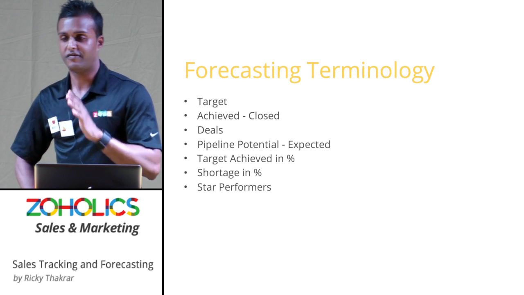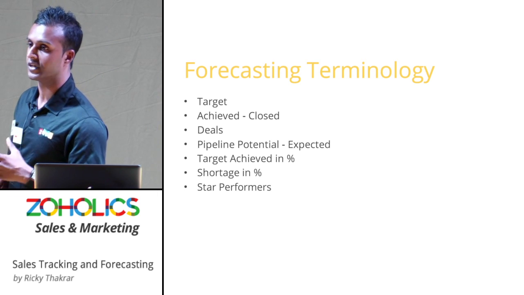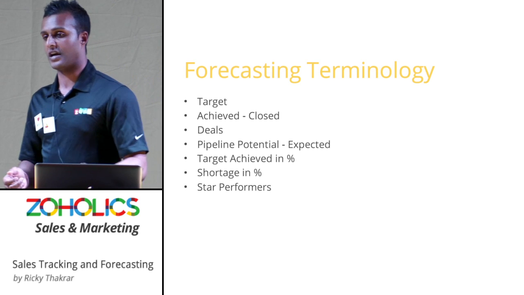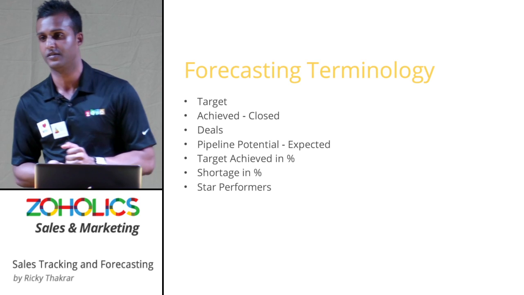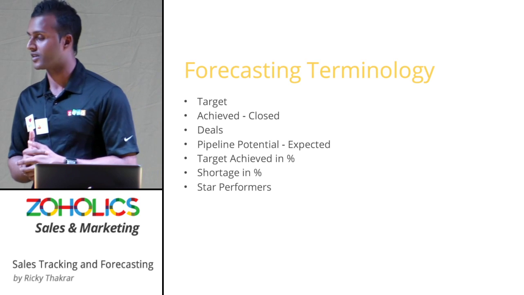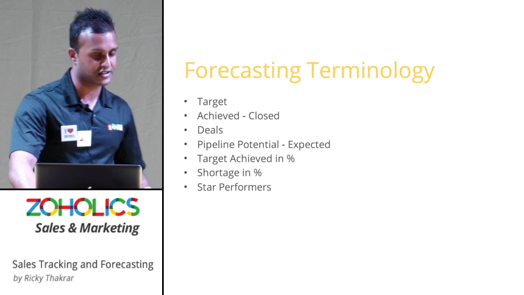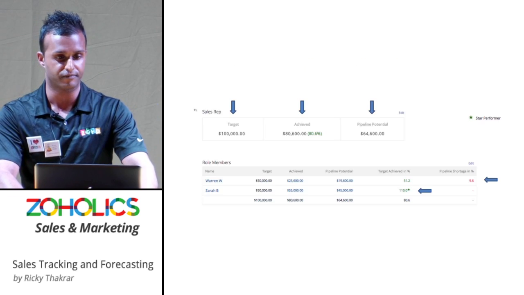If you have 5 more open potentials in there, technically your shortage is 0% because there's 5 more in the pipeline that could possibly close and you could hit your goal. If you have 2 potentials in there, then you have a shortage of 3 or 30% out of 10. And that's how it's calculated. All right? And then your star performer will basically, there's a star next to their name, so you know who's leading the pack out of your sales team.